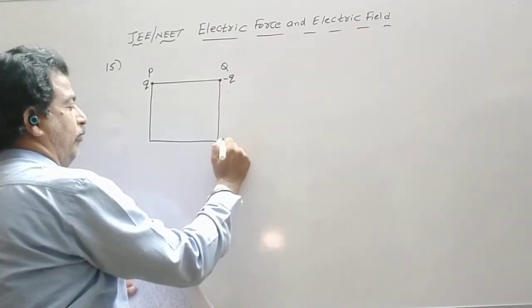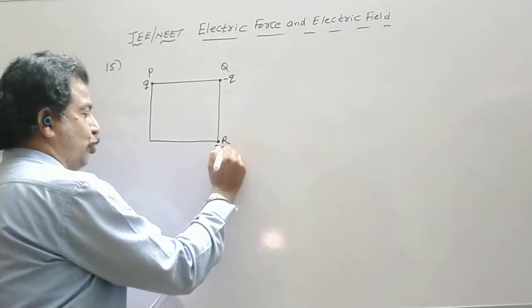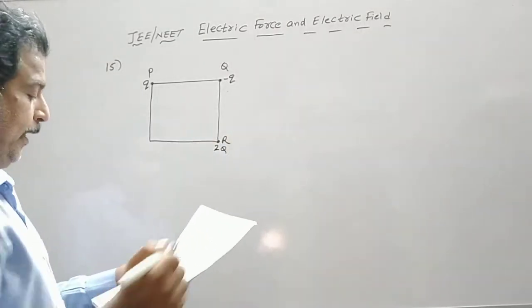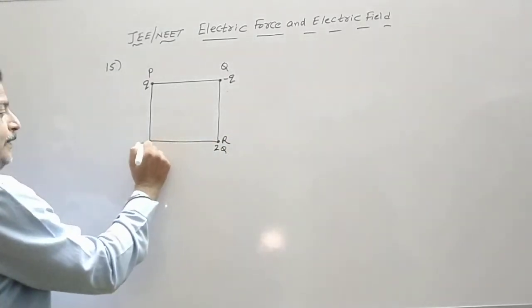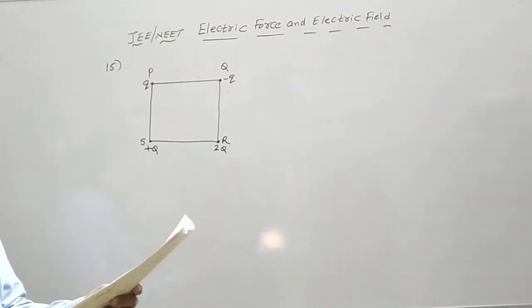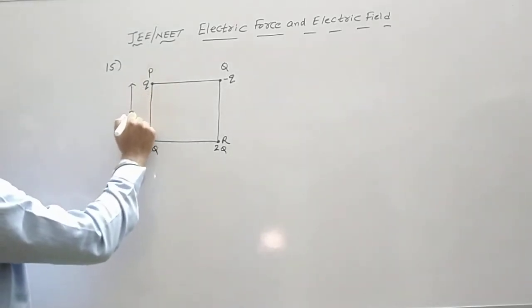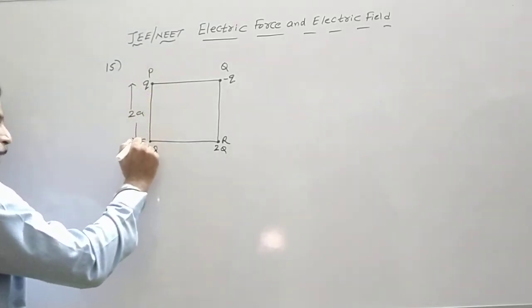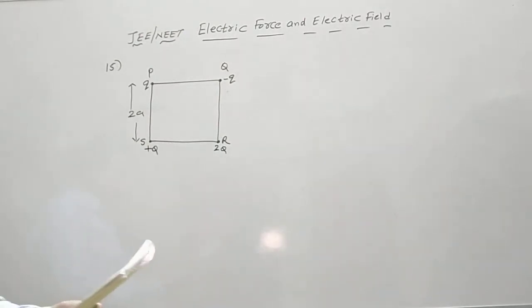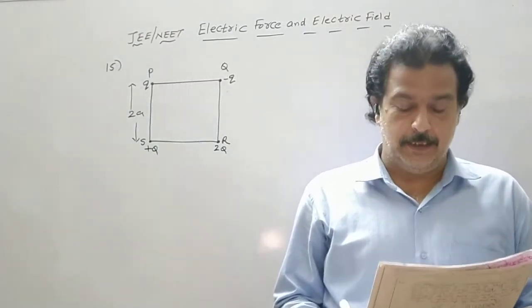Then on vertex R, the charge is plus 2q, and on the vertex S, the charge is plus capital Q respectively. The side of the square is 2a. Find out the field at the midpoint of the side.